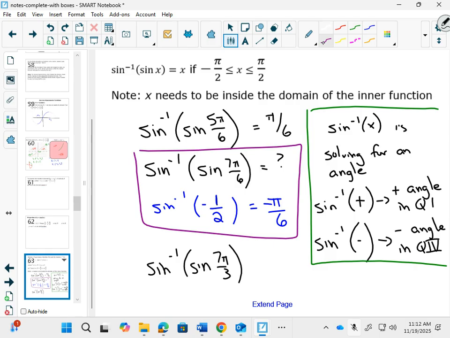Quadrant 1. Is sine positive in quadrant 1? Yes, so this will be a positive answer. If I'm doing sine inverse of something positive, I'm looking for a positive angle in quadrant 1. The answer to this will be pi over 3.